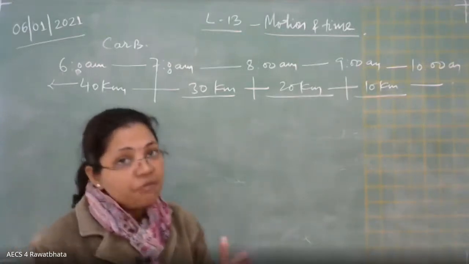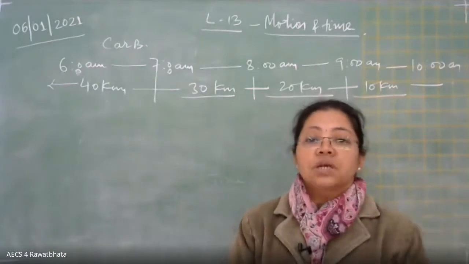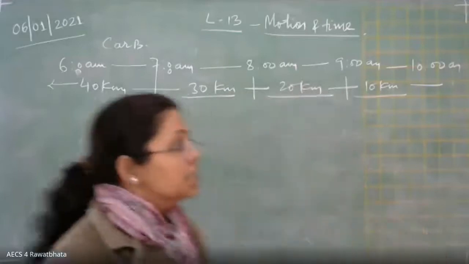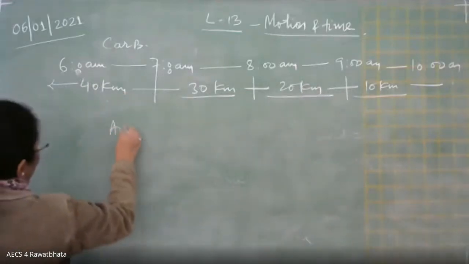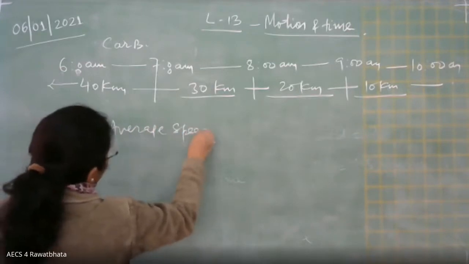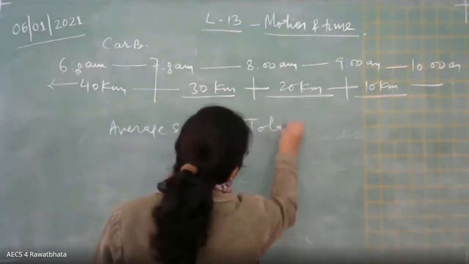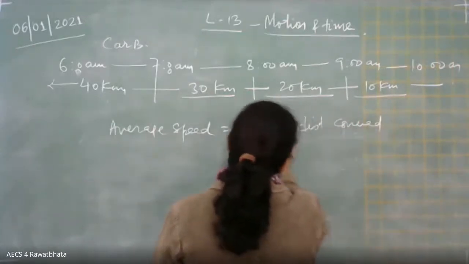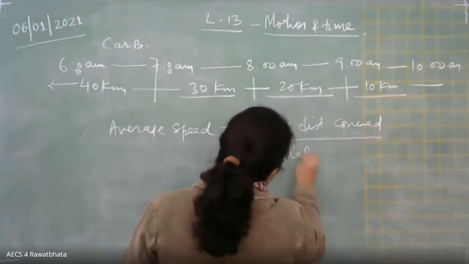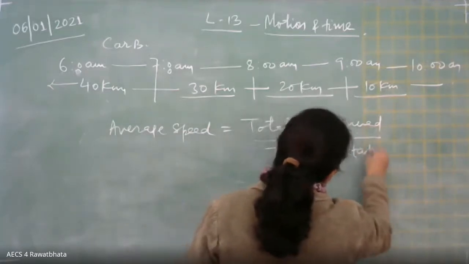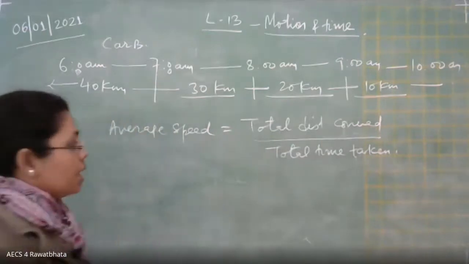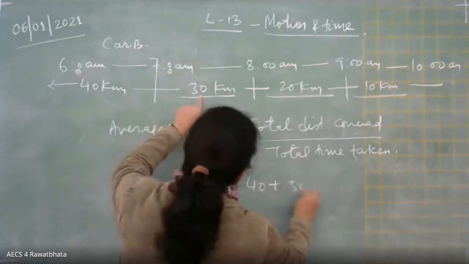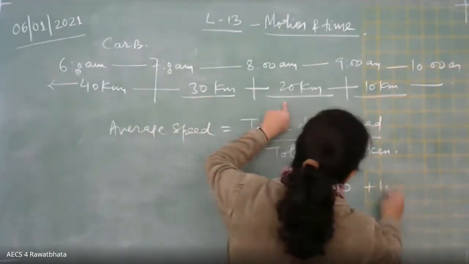So, whenever any vehicle moves with a non-uniform speed or a variable speed, then for such vehicles we go for calculating average speed, and that is total distance covered upon total time taken. Now here total distance covered will be 40 plus 30 plus 20 plus 10.